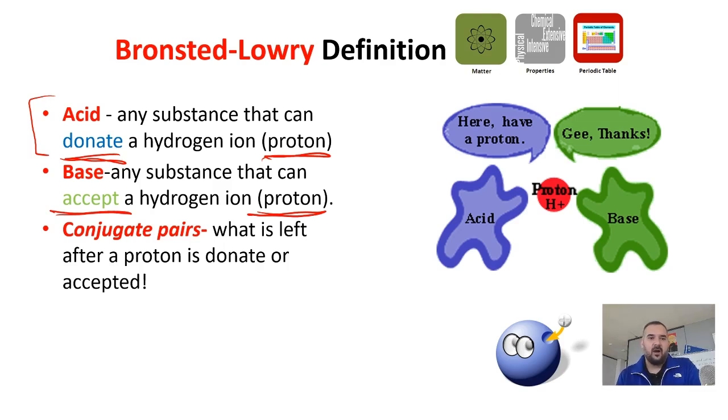All right, next thing I want you to write is conjugate pair. What is a conjugate pair? It's what something turns into after the reaction happens. We'll talk about them more on the next slide. But after a change has occurred, what you're left with is going to be your conjugate.